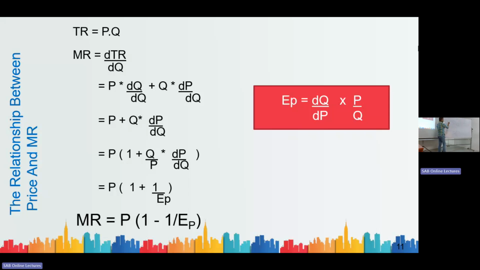We have perfectly price elastic demand where the demand curve cuts the vertical axis. We have perfectly price inelastic demand where the demand curve cuts the horizontal axis, and at the midpoint, demand is unit price elastic.